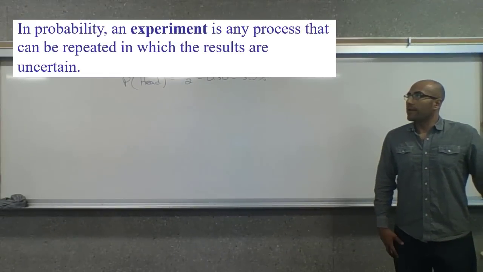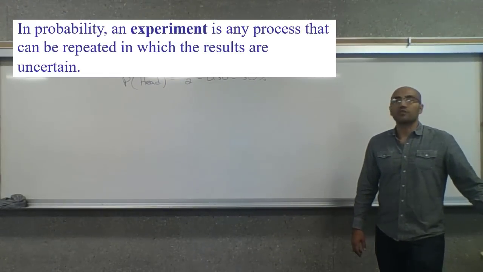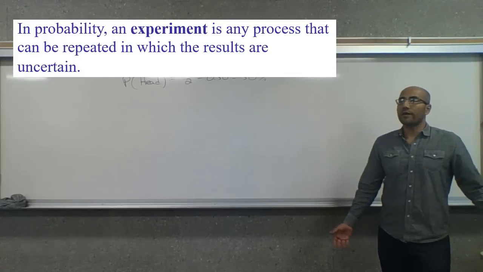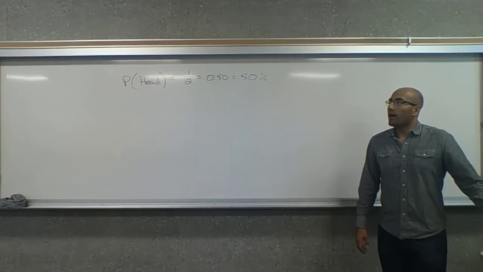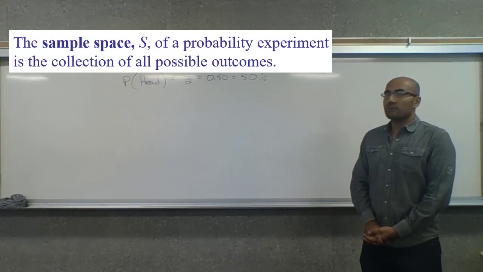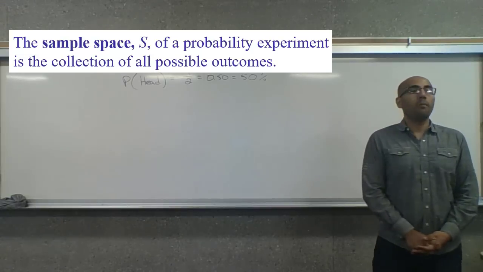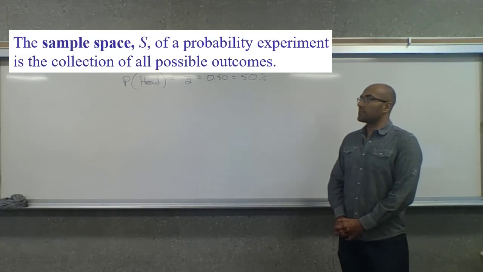Okay, so in probability, an experiment is any process that can be repeated in which the results are uncertain, like flipping a coin, rolling a die. We need a little bit of notation. The sample space S, so we usually use the capital S, of a probability experiment is the collection of all possible outcomes of that experiment.